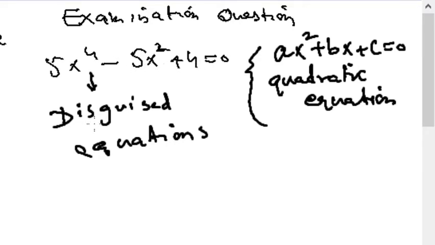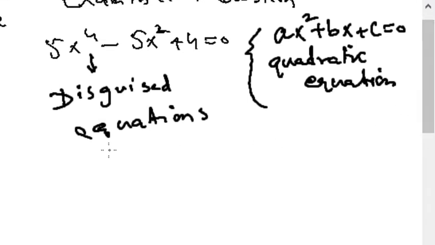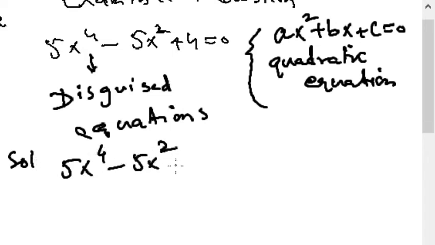Even if the equation is disguised, sometimes it will be 5x^6 minus 5x^3 plus 4, or 5x^9 and so on. Whatever you get, first bring it in order. Mine is already in order. So, solution: 5x^4 minus 5x^2 plus 4 equal to 0.